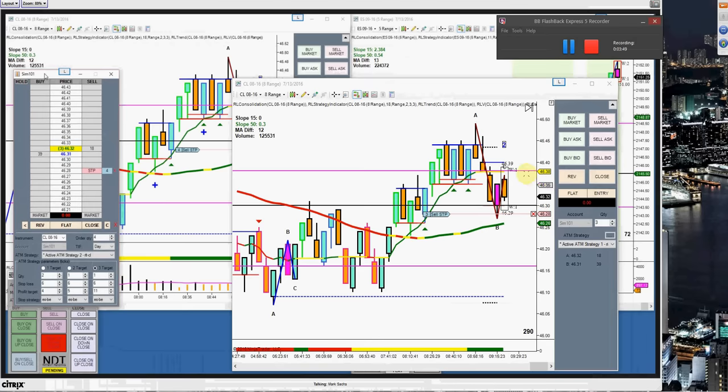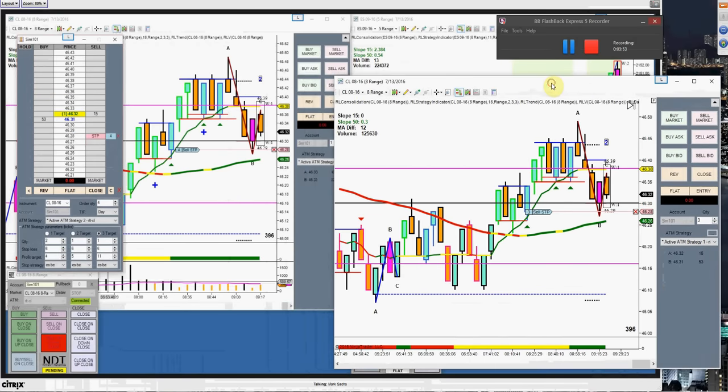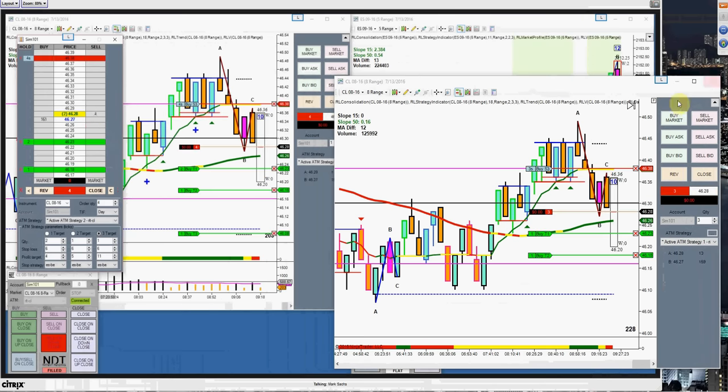We'll see if volume picks up into the trade. Order filled. All right, just got filled.